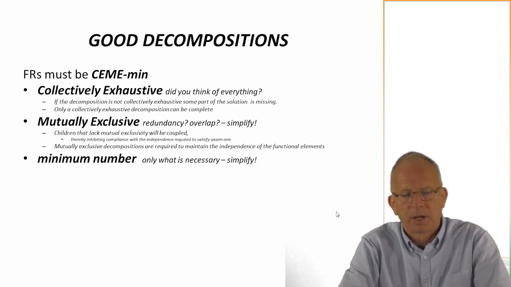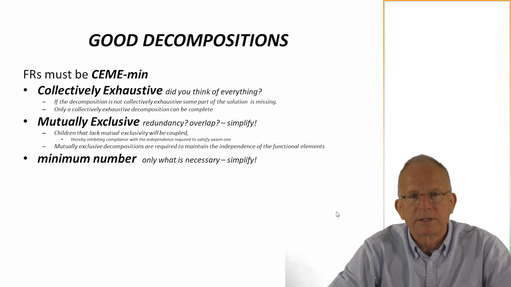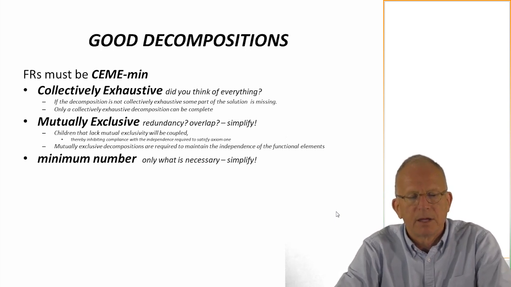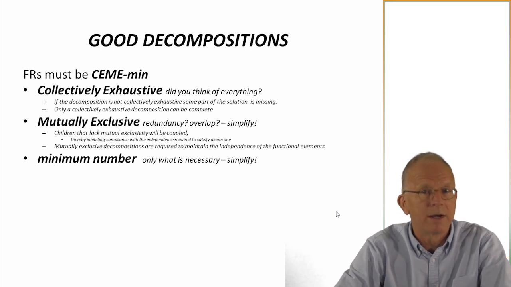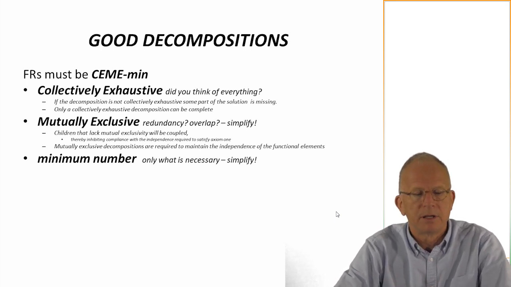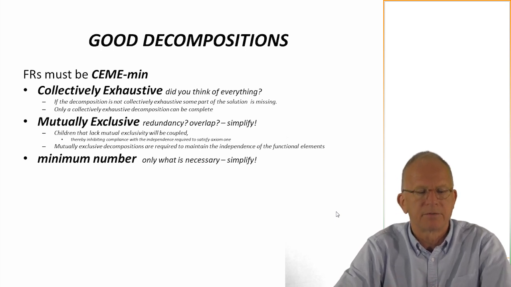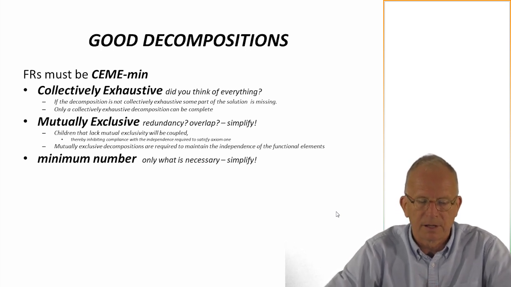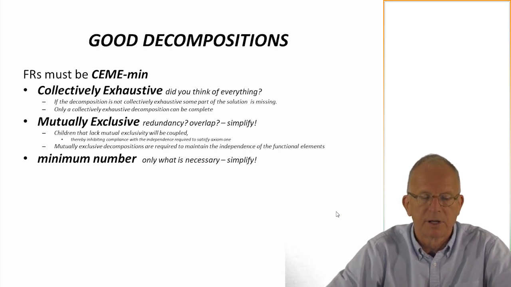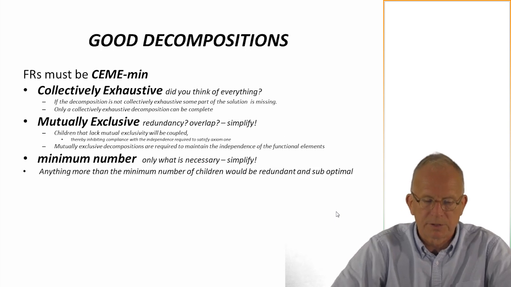Axiom 1. Minimum number, only what is necessary, simplify. If it is collectively exhaustive and mutually exclusive, there is only one number that should be right. But applying minimum number often helps us to find things, as in the example in one of the previous modules on forces and moments.